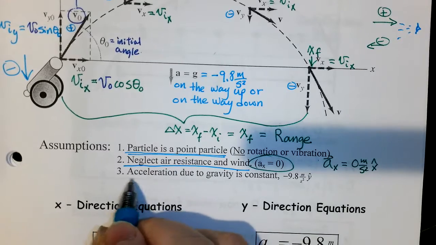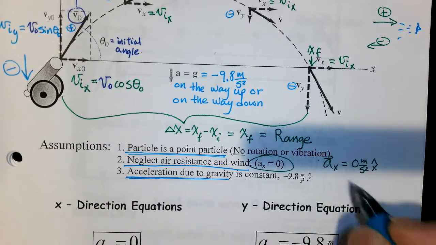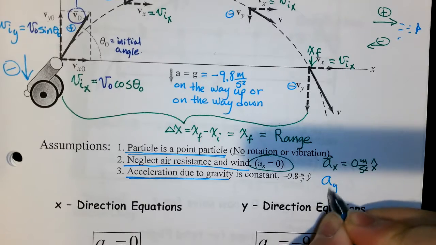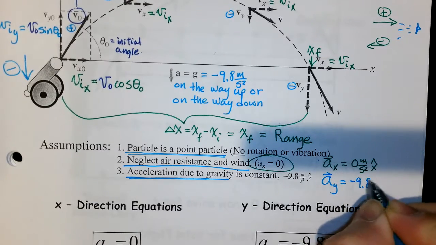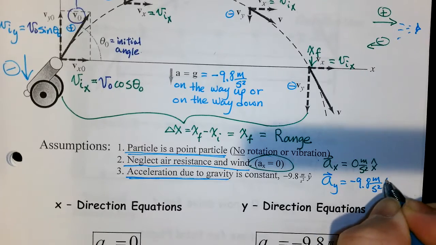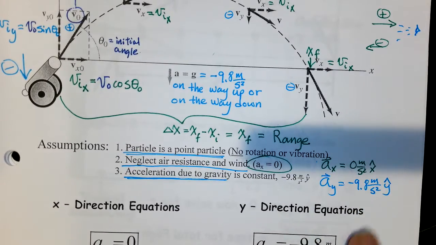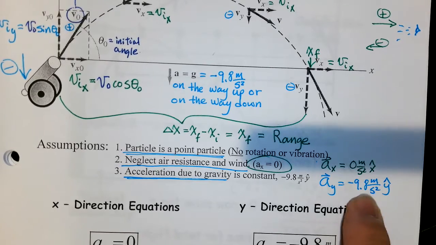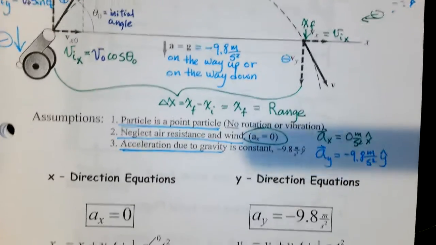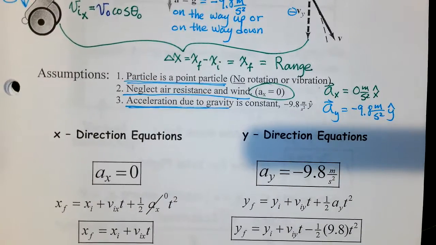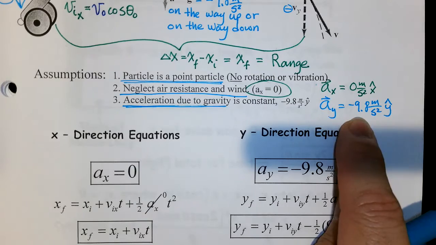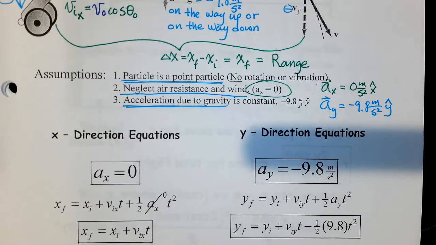However, the acceleration caused by gravity is always going to be negative 9.8 meters per second squared in the y direction. On Earth. On the moon, it will have a different value, like negative 1.7. On Mars, negative 3.9. So they will have different values on different planets. Jupiter, I think, is like negative 11 or something. But right now, we're going to do everything on Earth, so it's negative 9.8.